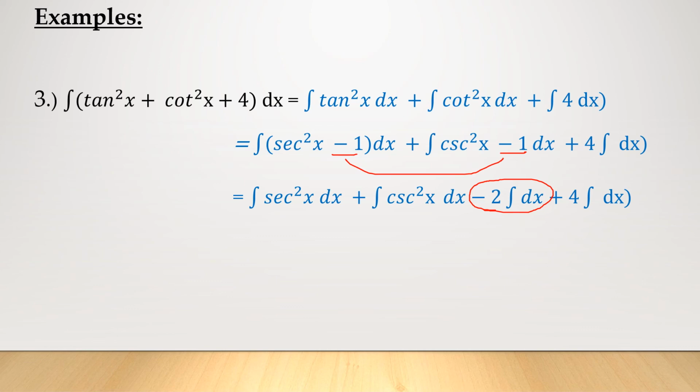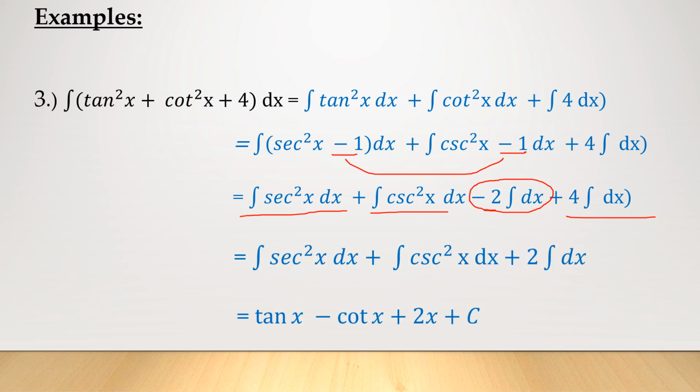Since we added the two, that's negative 2, but of course we still have the integral of dx, because they come with dx. And then secant squared and cosecant squared dx remain, and of course the 4.